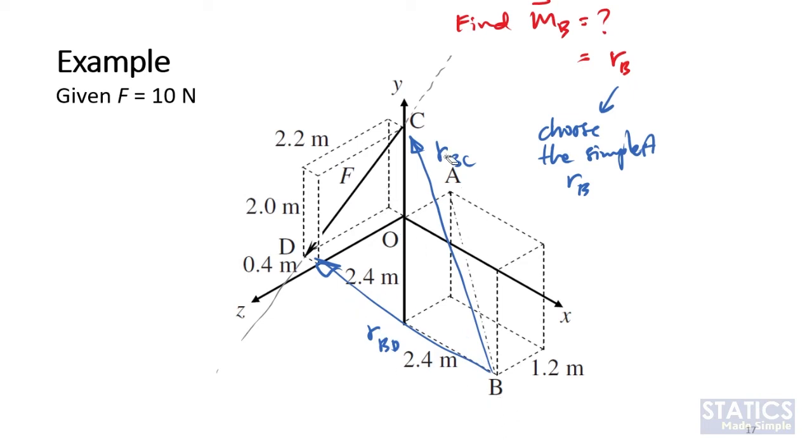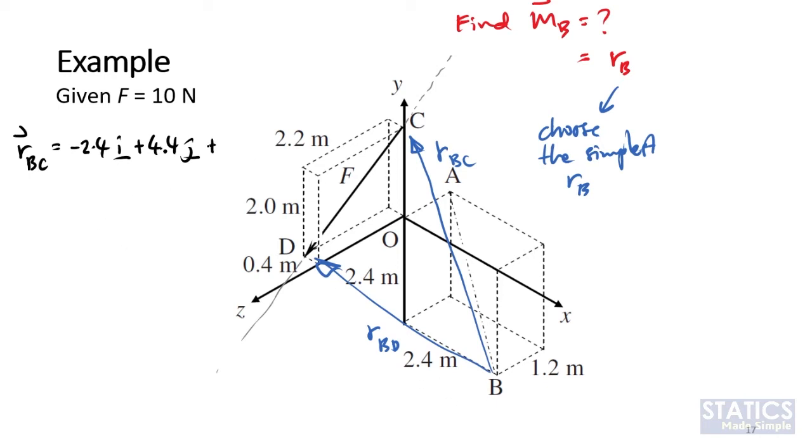Let's compare RBC and RBD by writing them in terms of vectors. RBC is from B to C. In terms of IJK, the position vector is, along X, minus 2.4 I. Along J, the height is 2.4 plus 4.4 J. Along the Z axis, it is 0.